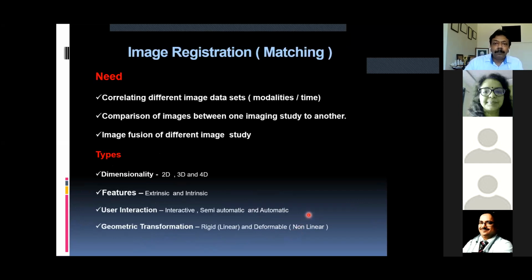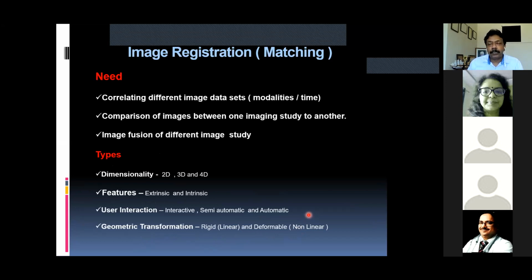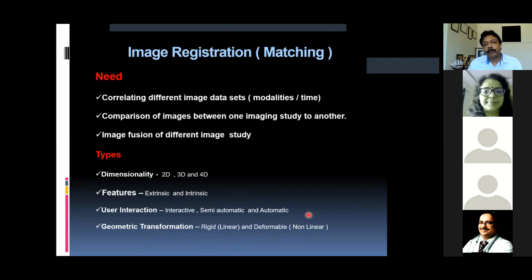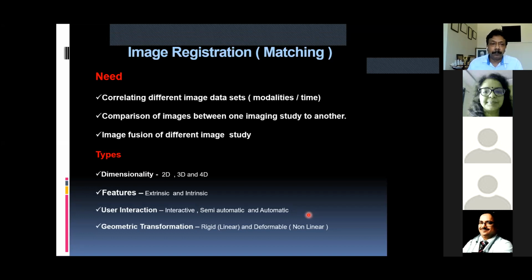Next step is image registration or image matching. Image matching is used in various different fields, like astronomical studies, astrophysical studies and environmental studies, and we have copied this technique to create a better plan in our treatment planning system.